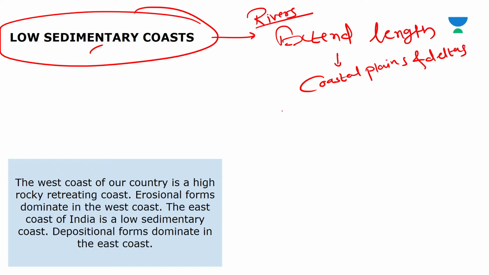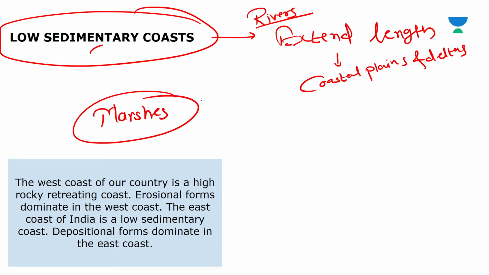So the land slopes gently into water, then marshes and swamps may abound along the coasts. The depositional features dominate.